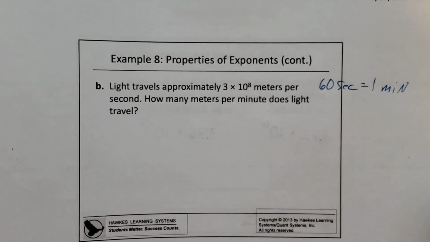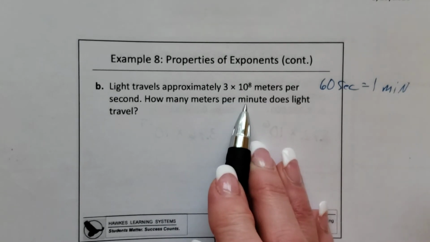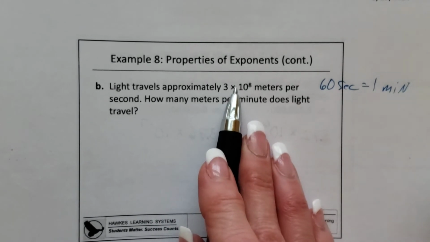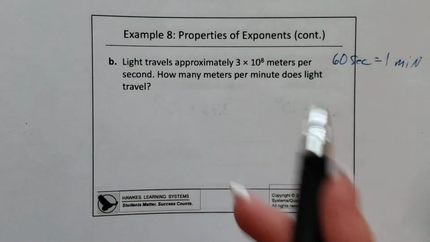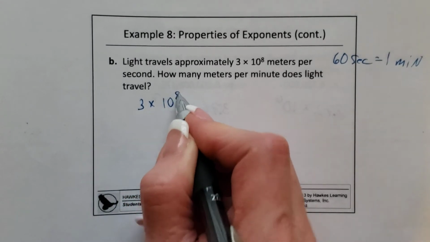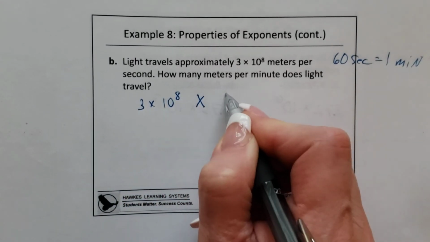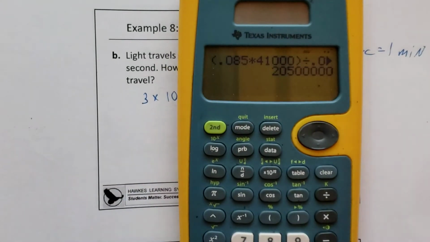So if this is per second and we want to know per minute, we got to multiply this times 60, right? So our math problem is 3 times 10 to the 8th times 60.